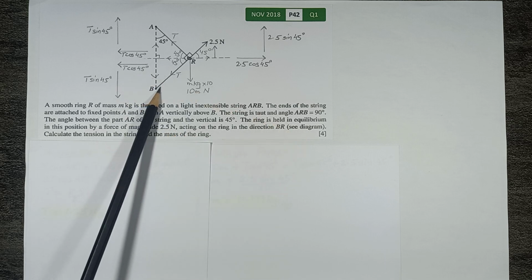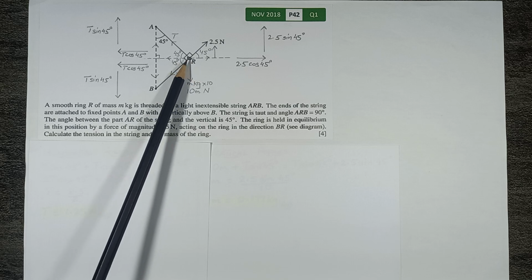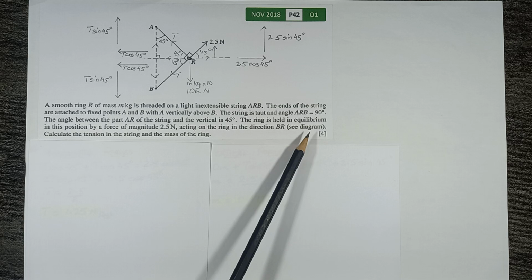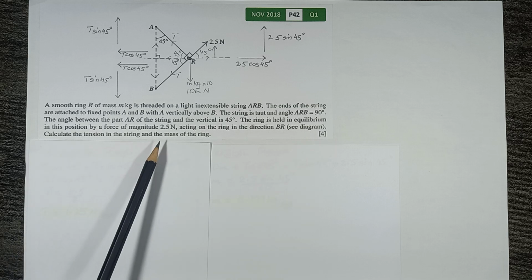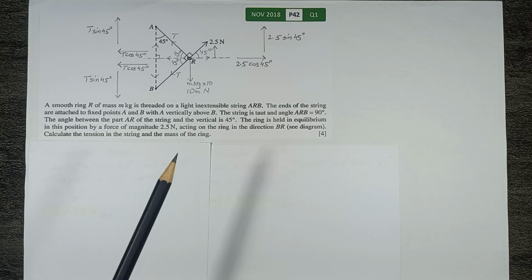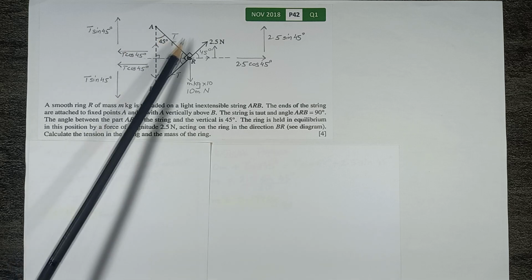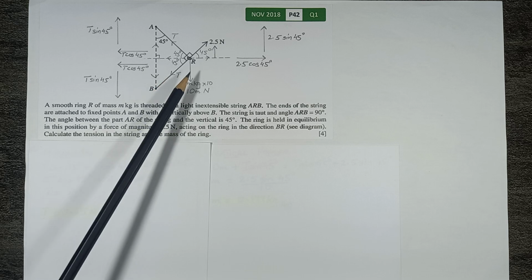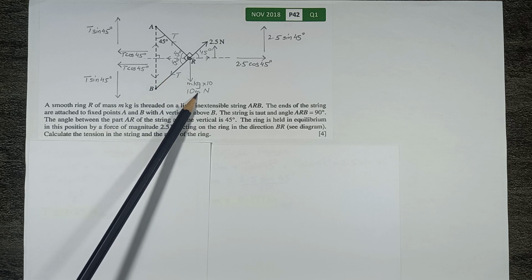So BR is the direction and the force is also applied in the direction of BR, which is a 2.5 Newton force. Calculate the tension in the string and the mass of the ring. So we have to find two things: the tension in the string, which is simply a single string, and the mass of the ring.